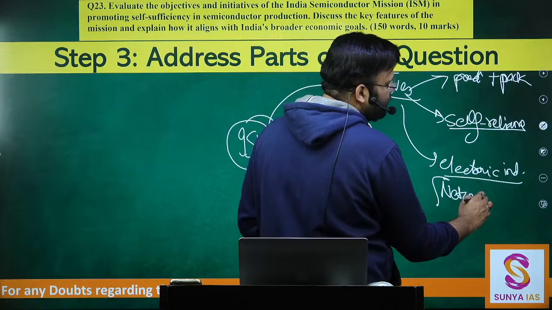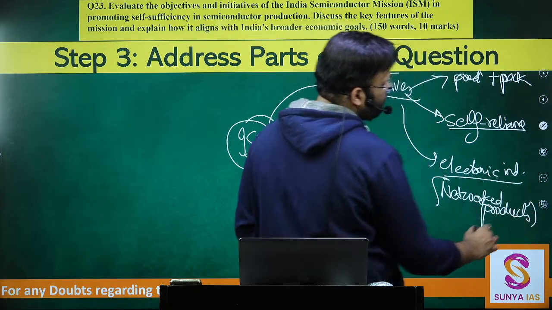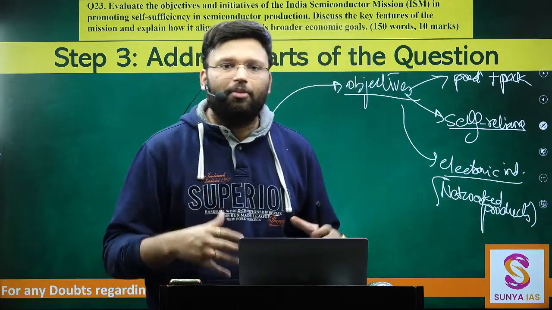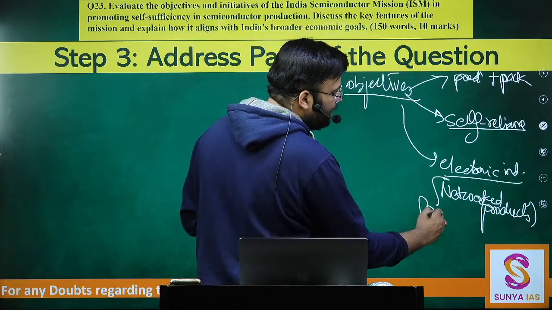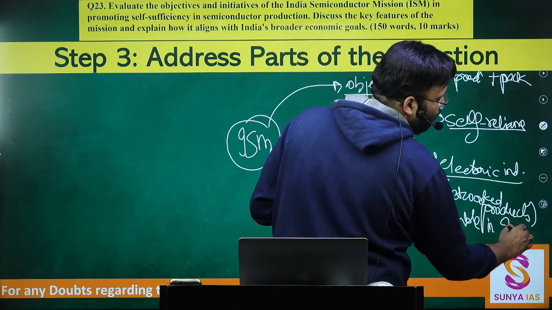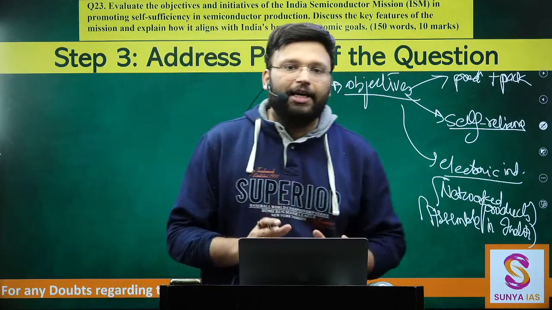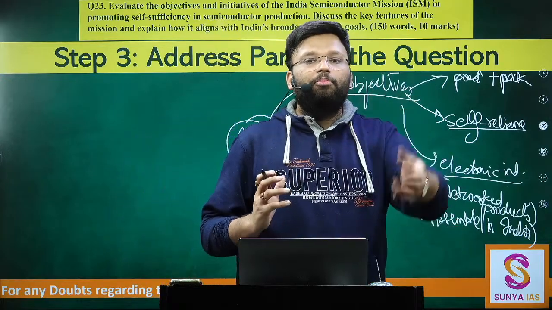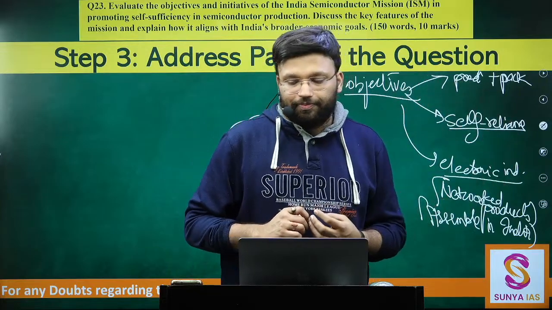The government is calling it network products. That even if some other part is getting manufactured in some other area, you can come to India and assemble in India. So they are calling it Assemble in India. Now, if you are also producing the semiconductors within India, you can shift from Assemble in India to Made in India, right? These are the objectives.